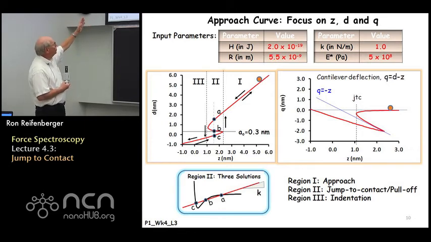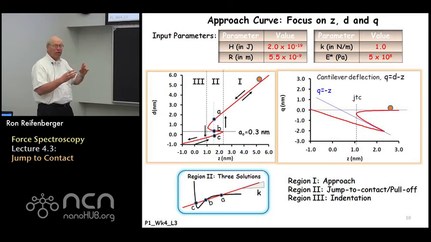And of course, each region can be associated with a different physical phenomenon. Region 1 is the approach of the tip to the substrate. Region 2 defines the jump to contact and the pull off. And then region 3 is the actual indentation of the tip into the substrate.